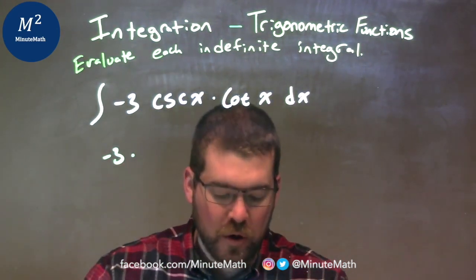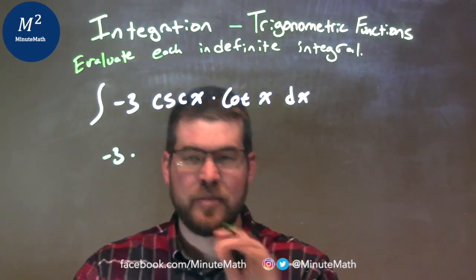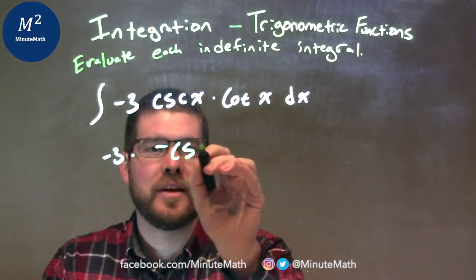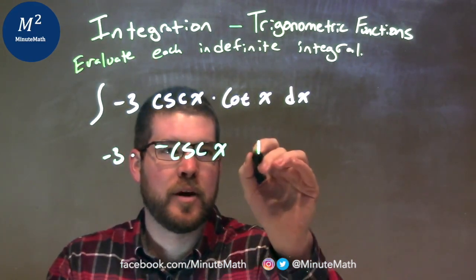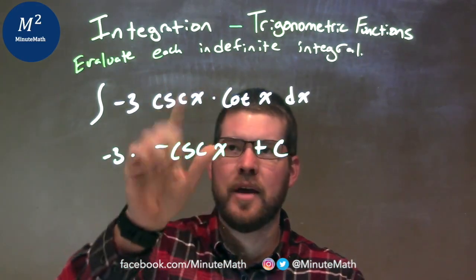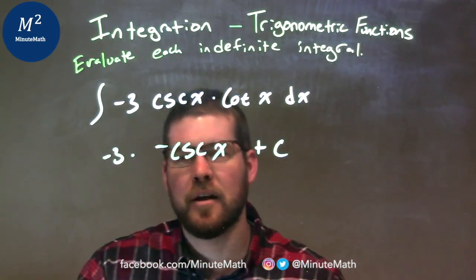If you know your trig identities, that becomes a negative cosecant x. And then we don't forget our plus c. So the integral of cosecant x cotangent x, that combination being multiplied, is a negative cosecant of x.